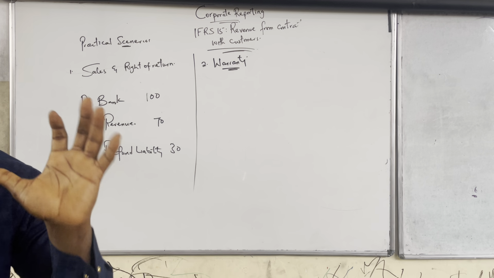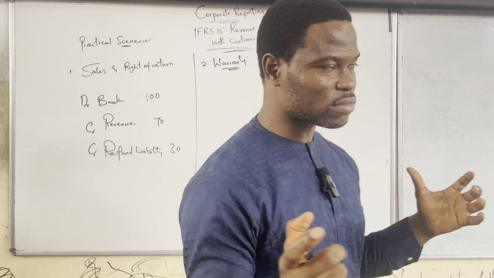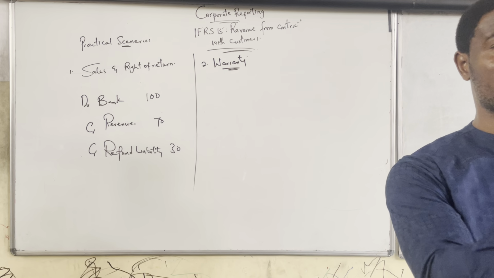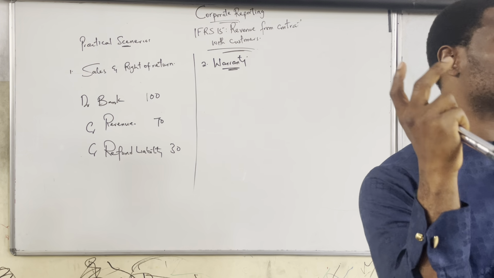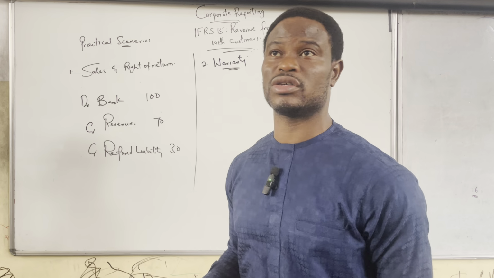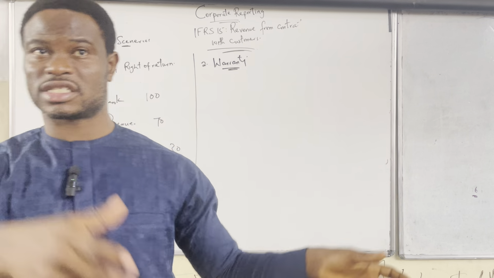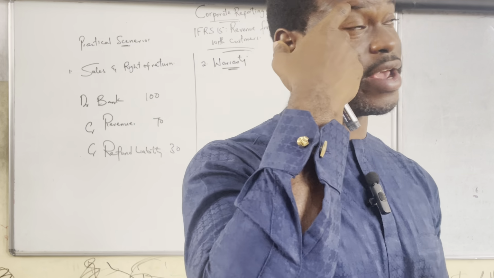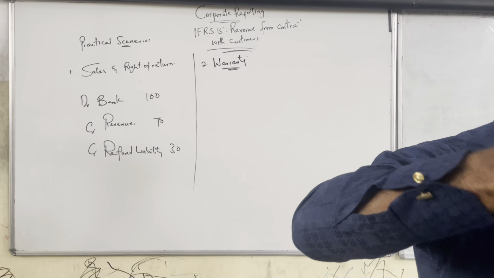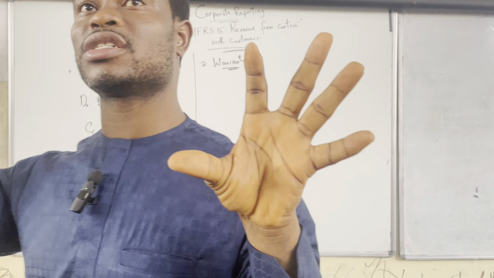Warranties where you tell the customer this thing will work in a certain way for 2 years, or there's a 1 year warranty on this product, or there's a law that says you must. That law doesn't exist here, but in most advanced countries you must give this product warranty. So those ones you recognize as provisions.